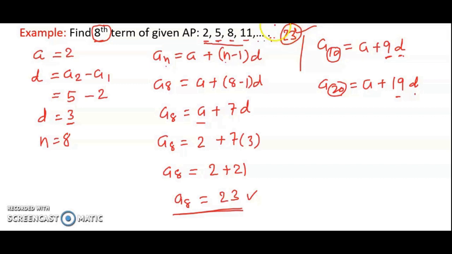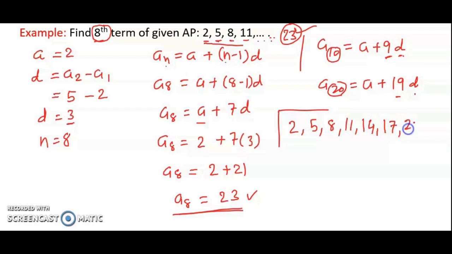If you want to check it, you can see this series here. First term is 2, second is 5, third 8, then 11. So the next term will be 14, then 17, then 20, and then 23.